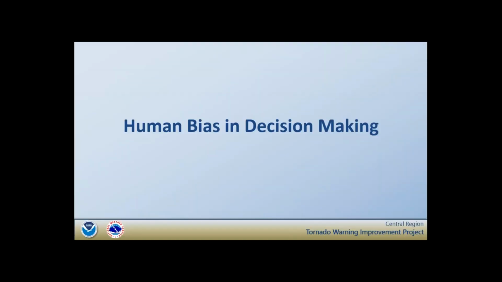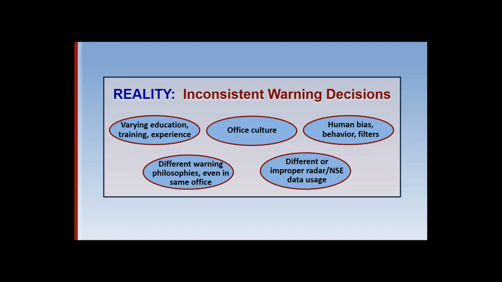The final area of focus for the TWIP in FY19 was on furthering awareness of human bias in decision making. The reality, even in 2019, is that we still suffer from inconsistent warning decision making, not only from one office or region to the next due to things like office cultural differences, but within each office there are varying levels of experience, warning philosophies, different radar interpretation skills, and of course just overall human bias.